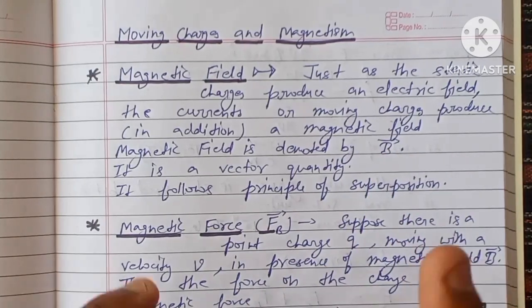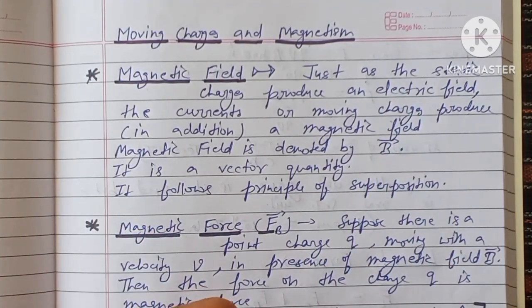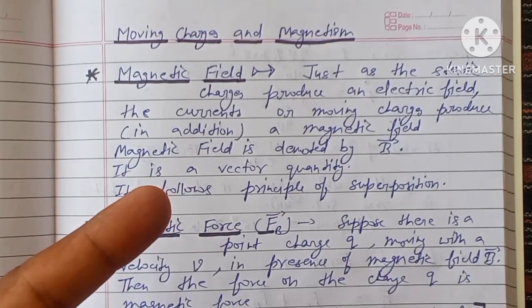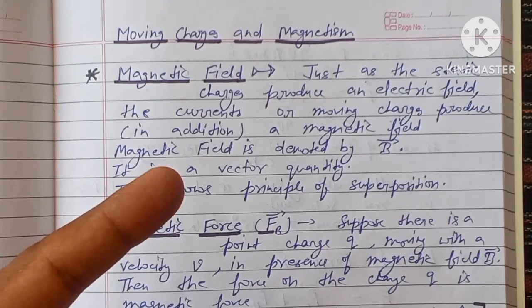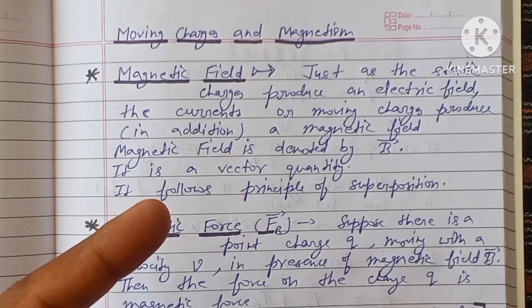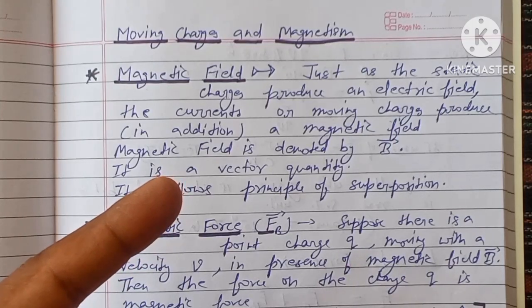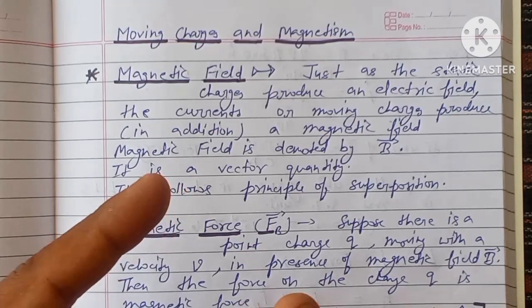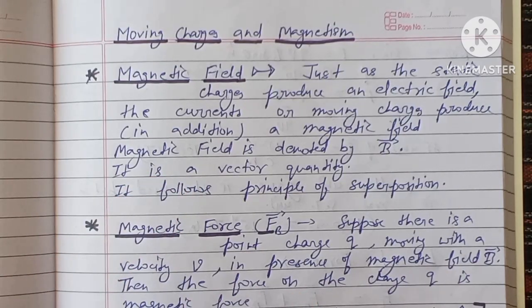You have to remember 2 points: currents produce a magnetic field, and charges in motion produce a magnetic field in addition to the electric field. Means if charges are in motion, they will produce an electric field as well as a magnetic field. But the currents produce only a magnetic field.